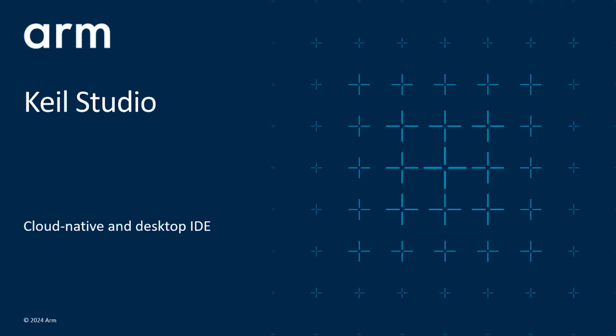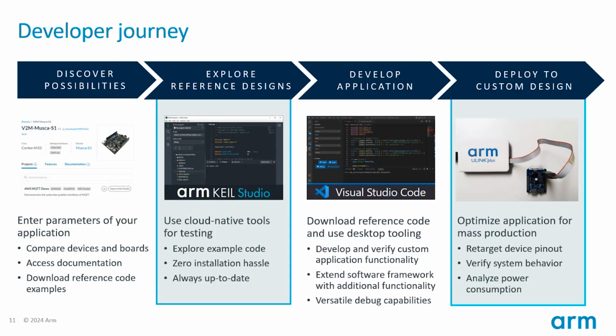Now, let me talk a little bit more about Keil Studio, the new IDE. So we have this new IDE basically in two flavors. One flavor is a cloud-native solution, which we call Keil Studio Cloud. And this helps you, for example, if you come to keil.com/boards and you discover some possibilities or options if you are creating a new embedded project and you want to find out what options you have, what hardware is available.